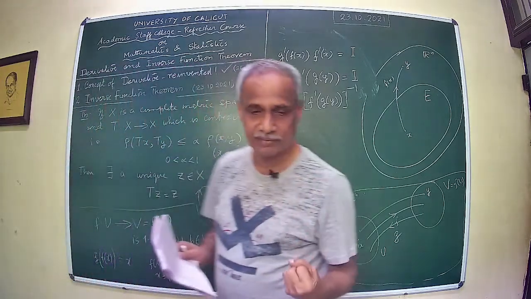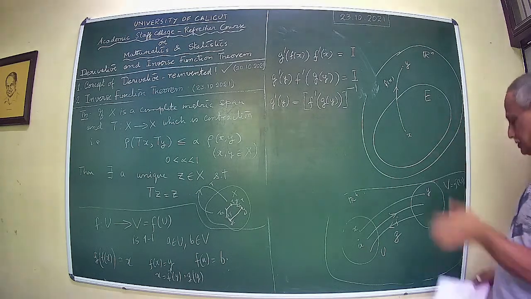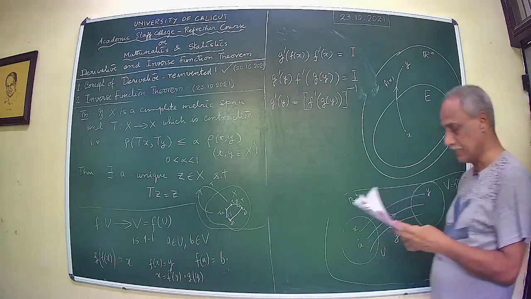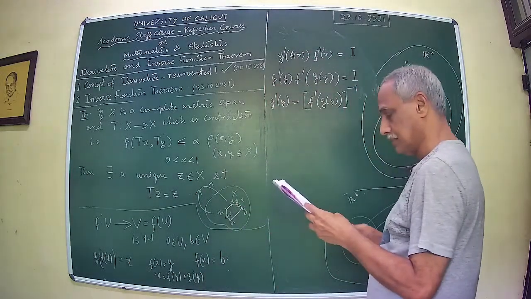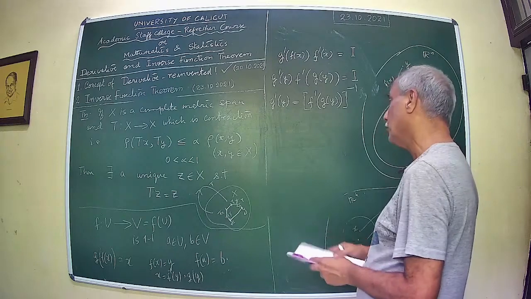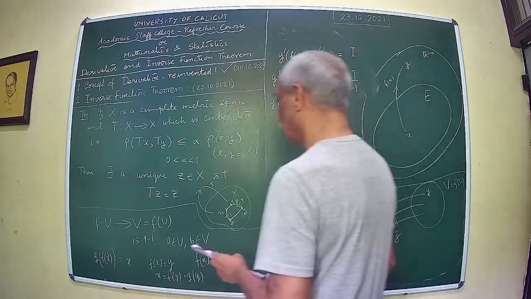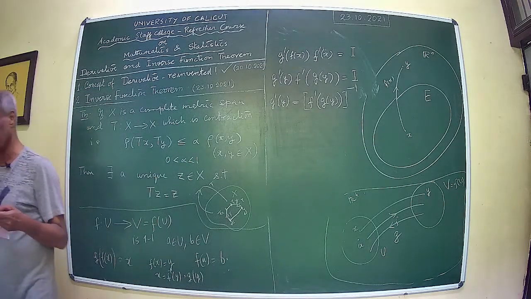Then f maps every open set into an open set. So f is an open map. Now this is one of the results that you can prove.